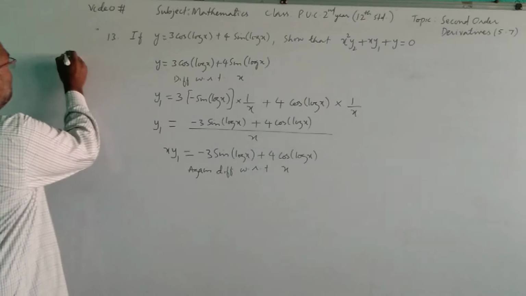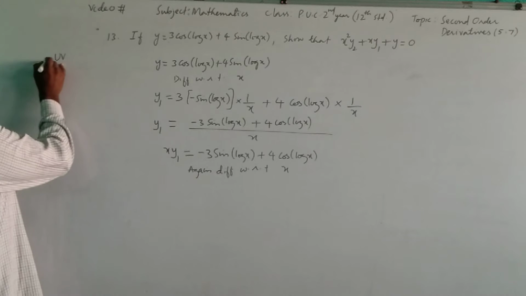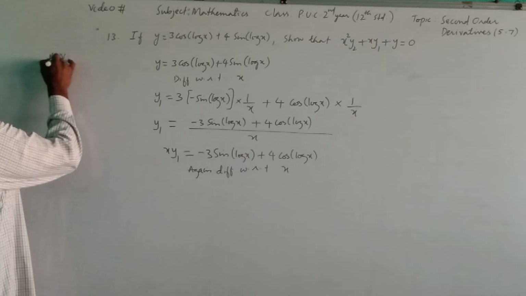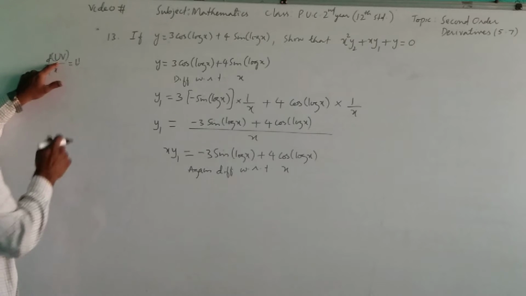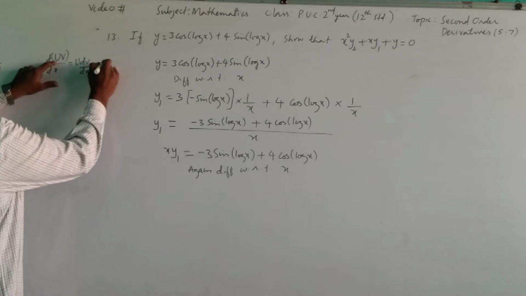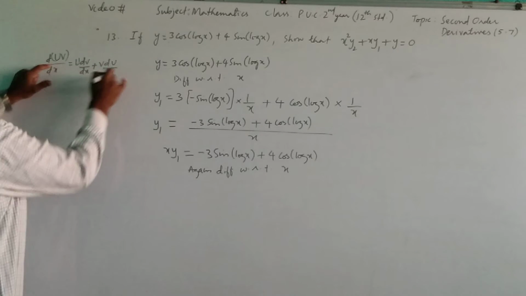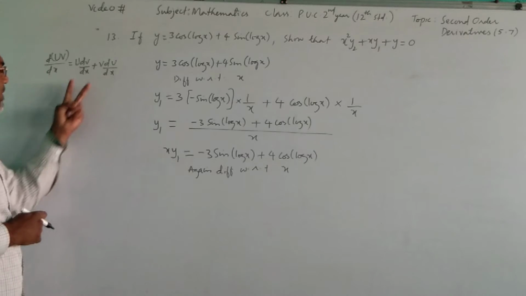Do you remember product rule? UV rule. Differentiation of u into v is u as it is, differentiation of v, plus v as it is, differentiation of u. This is UV rule, product rule. When two functions are in product, you have to apply this rule.